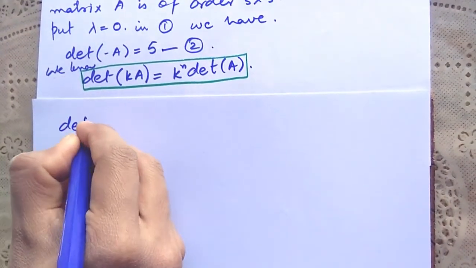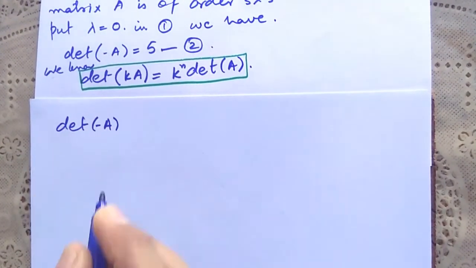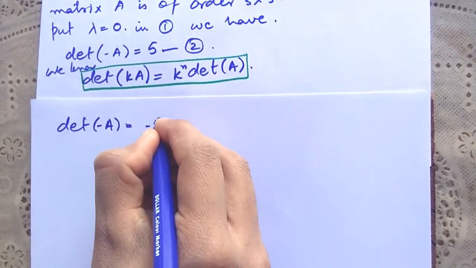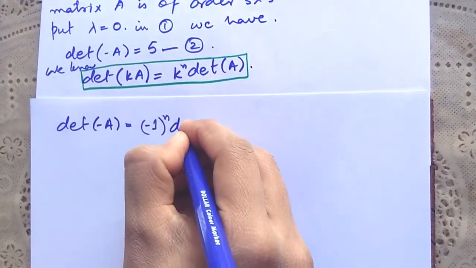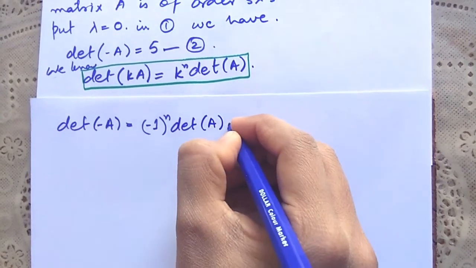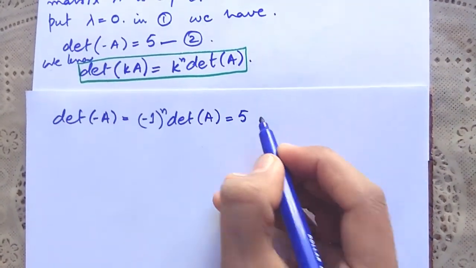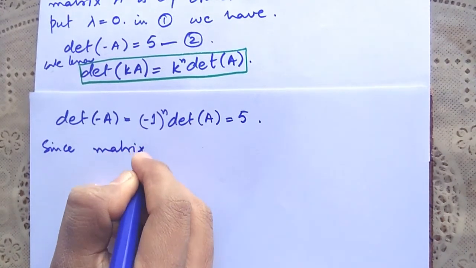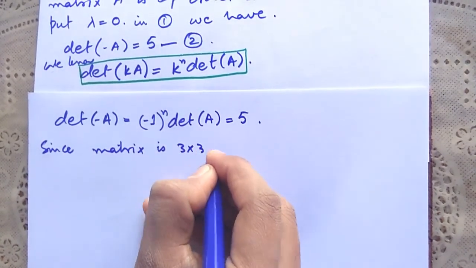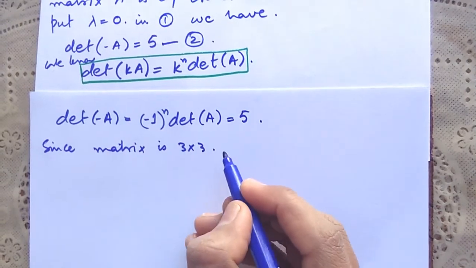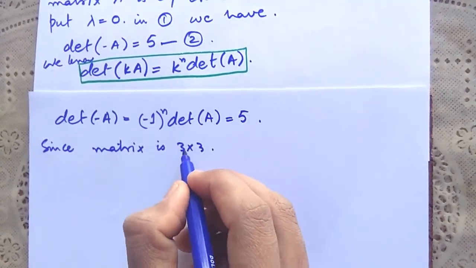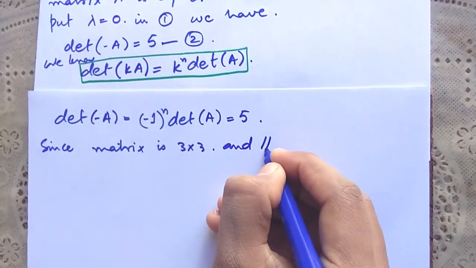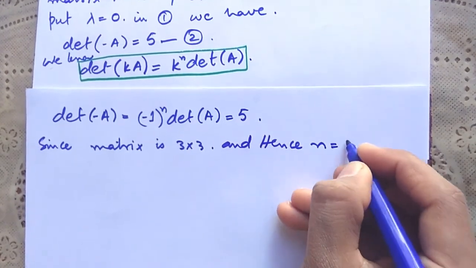We have determinant of minus A is equal to minus 1 power n times determinant of A, and it is equal to 5. And since the characteristic polynomial is of degree 3, the matrix is 3 by 3, and hence n is equal to 3.